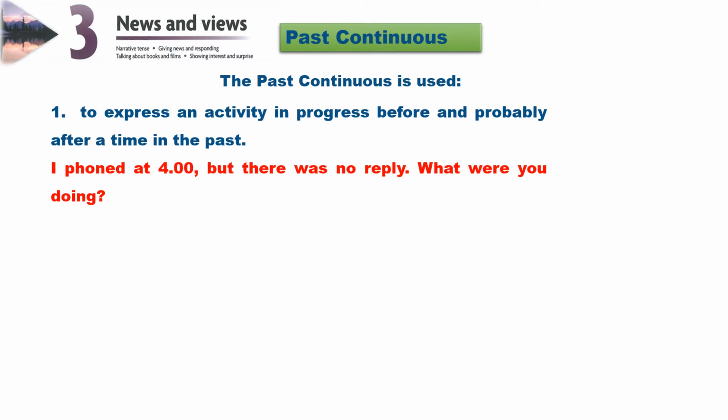What were you doing is past continuous tense, and it is asking about the time when someone phoned at 4, but there was no reply. So the continuous tense here, what were you doing, is asking about this time, the activity in progress.